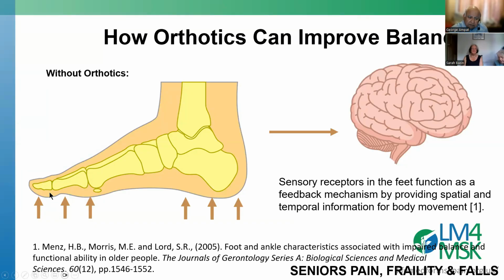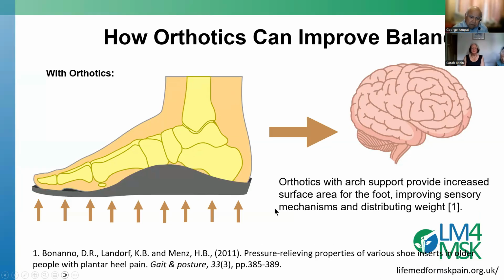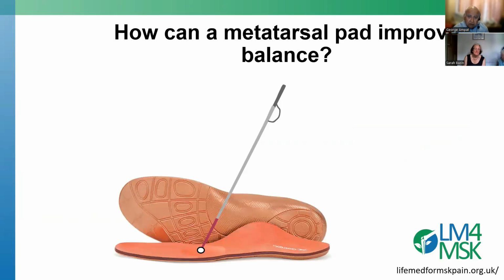Only the front of the foot and the heel and the outer aspect of the foot is in contact with the floor. Whereas when we have an orthotic which is cushioned and touches the whole of the foot, then there is a wider surface area contacting the sole of the foot, and there are more sensations going up to the brain. So that is why we have better balance and better control and fewer falls.